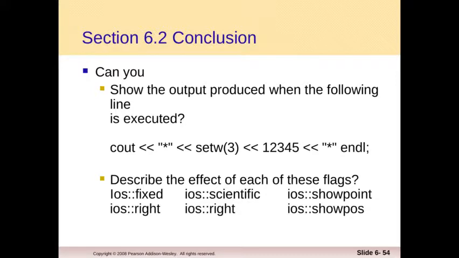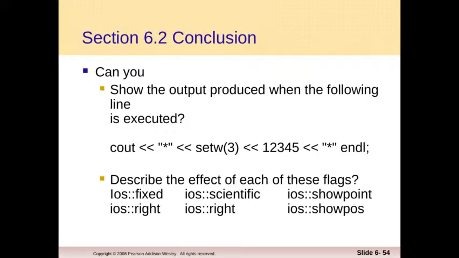Timothy, it allows you to decide how many numbers you want to show after a decimal point? Not how many numbers. Okay. No, not how many. Anybody? It says that you want the numbers to show a decimal point even though all the digits after the decimal point might be 0.